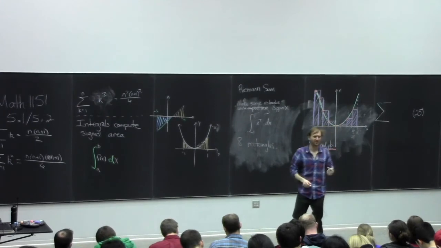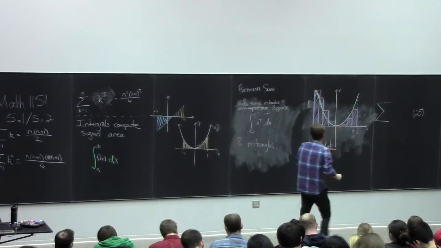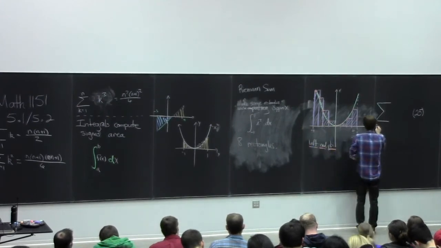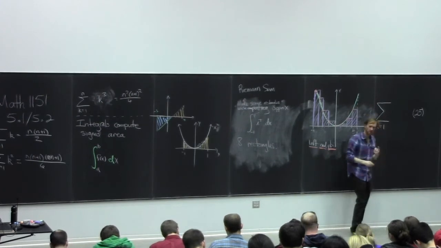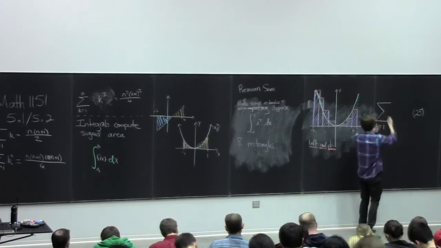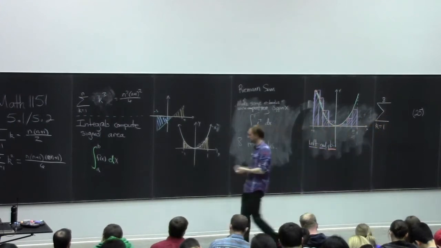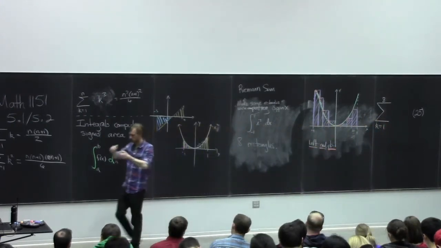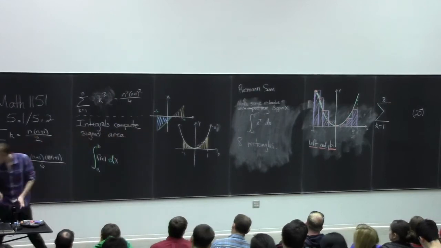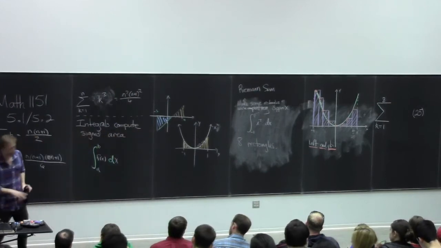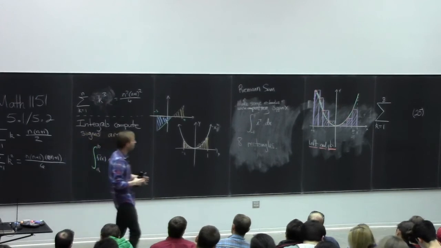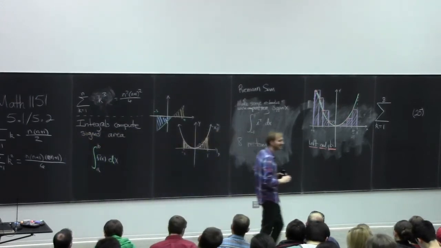How many rectangles do I have, by the way? 8. So this is going to be a sum, k equals 1 to 8. Okay, great. Now all I have to do is figure out what this height is.